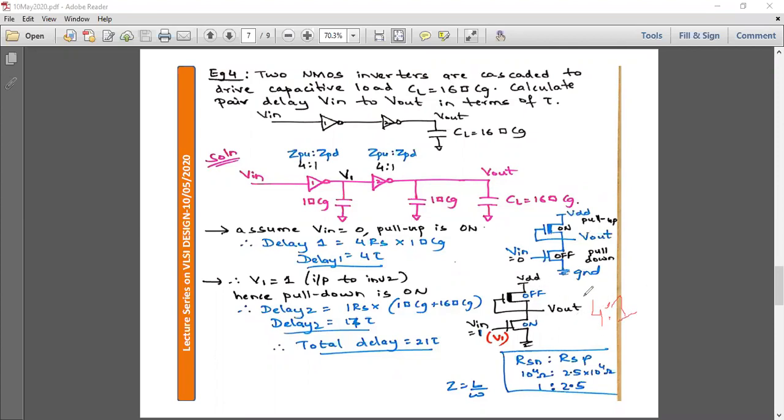So pull up ratio is more, so it offers more delay. Pull down ratio is less, so less delay. So when V is 1, both pull down and pull up are on. But Vout will be automatically shorted to ground because pull down has less delay. Hence your output will be VOL, not perfect 0.